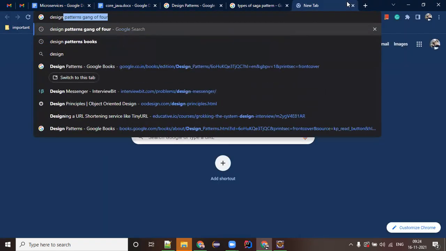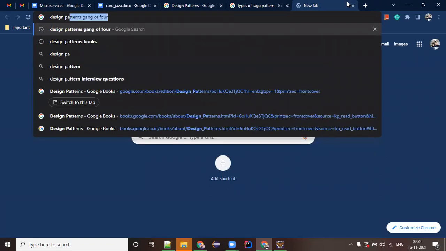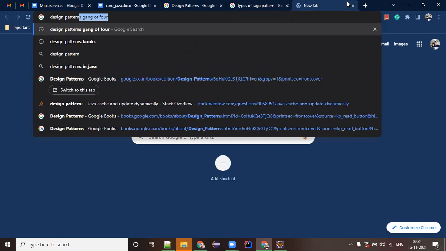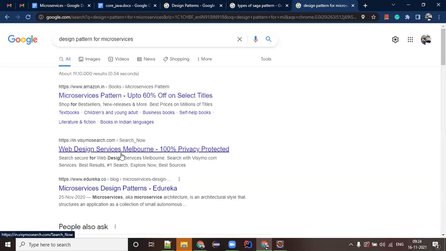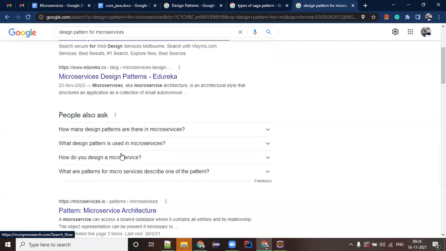There is a huge tutorial over there. If you learn about design patterns for microservices, you will see lots of things. There is a separate tutorial, microservices.io.